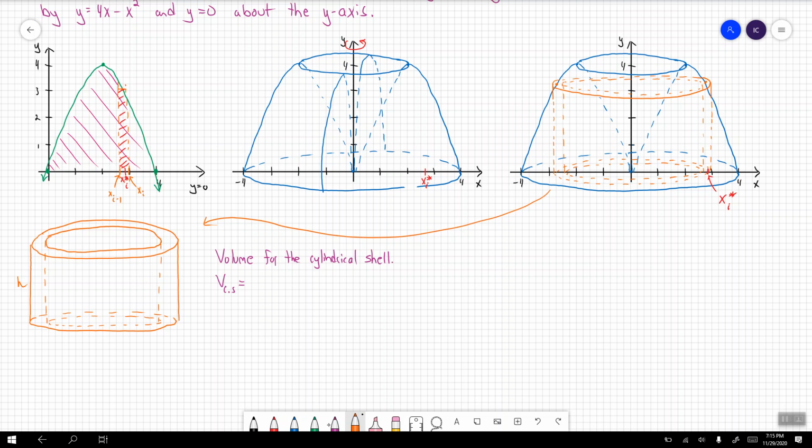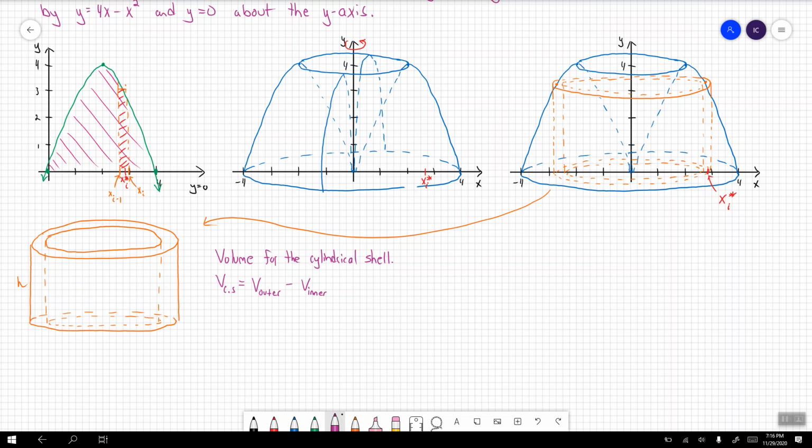So what we're going to do is take the volume of the outer figure minus the volume of the inner cylinder. In other words, we're taking the volume of this firm cylinder, and then we're going to punch a hole in it. In other words, we're going to remove the volume of the inner figure.